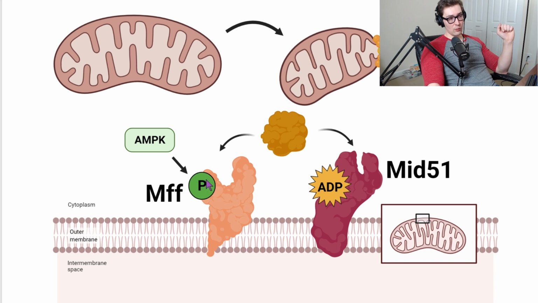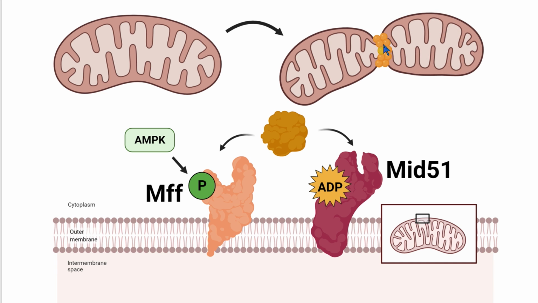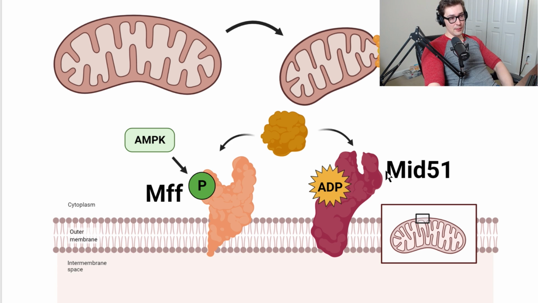And then once that's phosphorylated, DRP is attracted to this MFF protein, and then from there will undergo fission, as we see here once I remove my image. Okay, so there's another mechanism, however, through MiD51.